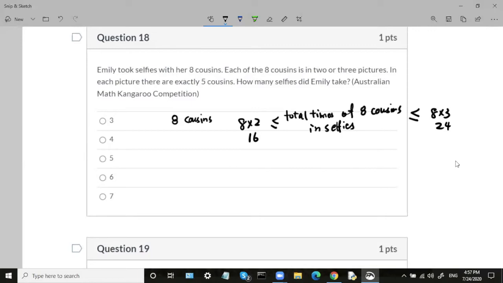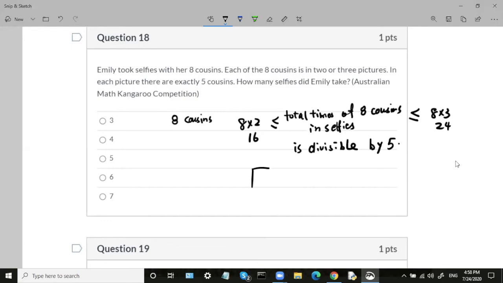So we have this number, which is between 16 and 24. And this number has to be divisible by 5, because in each picture there are exactly 5 cousins.